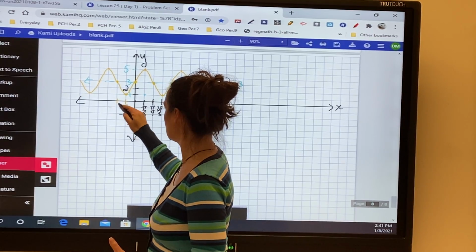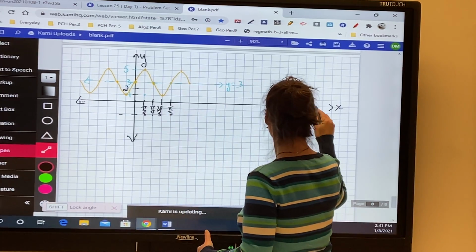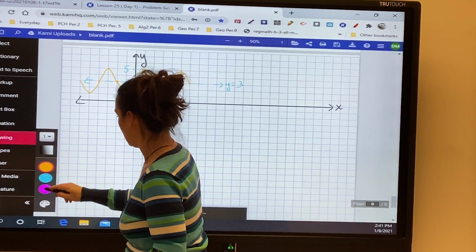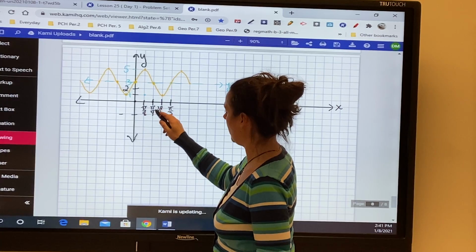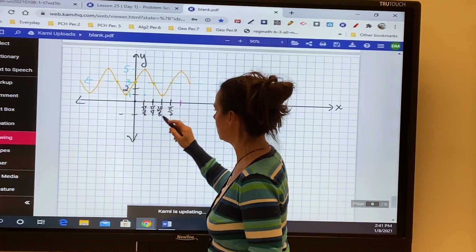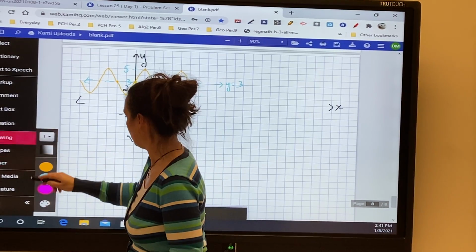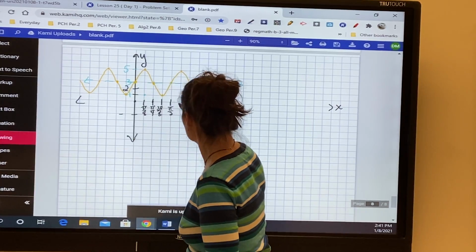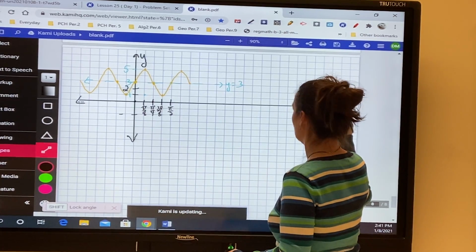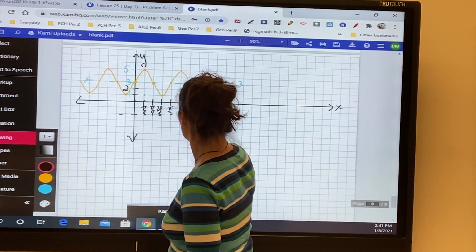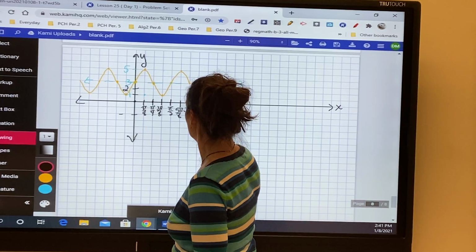Let me go ahead and change this to being done in black. And of course I erased the axis, so I got it back again. All right, so you're counting by pi over 8s. So 1 pi over 8, 2 pi over 8, 3 pi over 8, 4 pi over 8, then 5 pi over 8, and the next one would be at 6 pi over 8, which would reduce to 3 pi over 4.